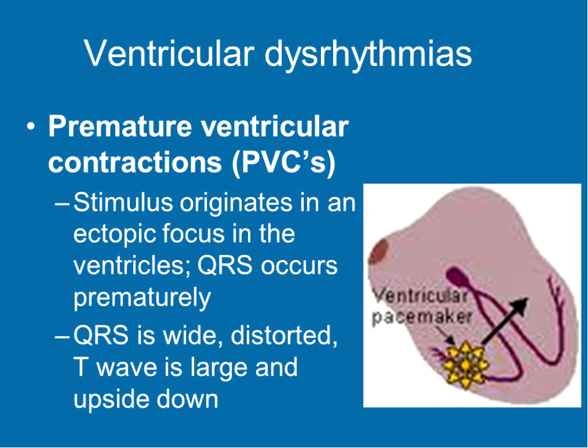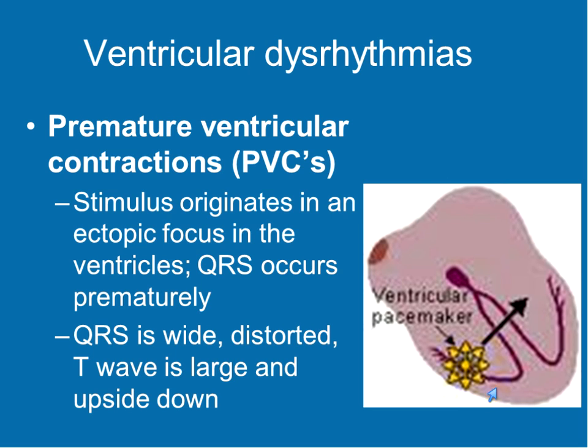Okay, now we're going to talk about some ventricular dysrhythmias, and we'll start with premature ventricular contractions. In ventricular dysrhythmias, this is happening below the level of the AV node. So in PVCs, a stimulus originates in an ectopic focus in the ventricle. The QRS occurs early.